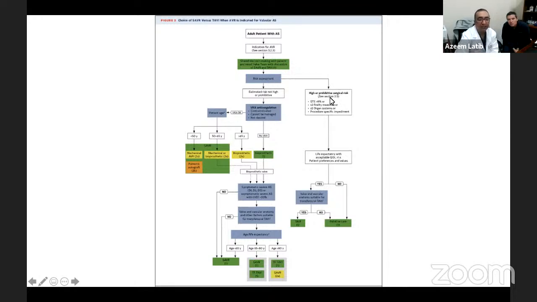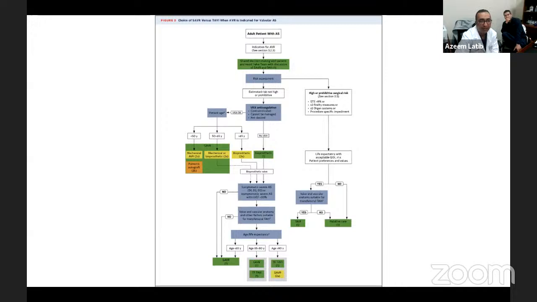If the patient is high risk or prohibitive risk, so they have a high STS score, they have frailty, they have multiple organ systems involved, but they have a good life expectancy, then these are clearly TAVI or TAVR candidates, if they have the anatomy that's suitable. If they have a short life expectancy, then they talk about palliative care if their life expectancy is less than 1 year.